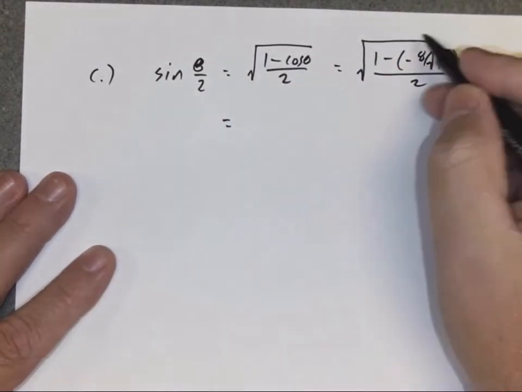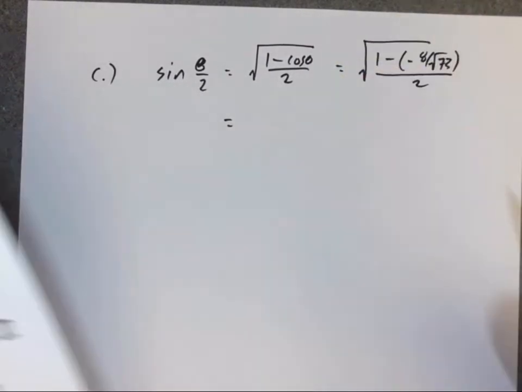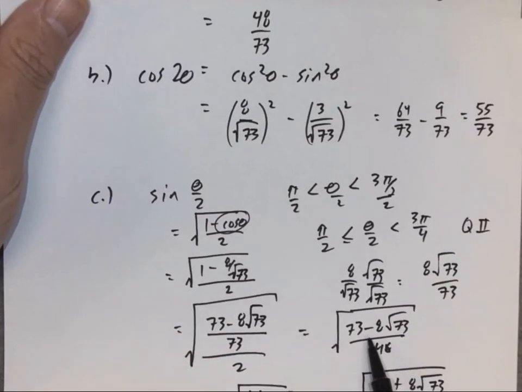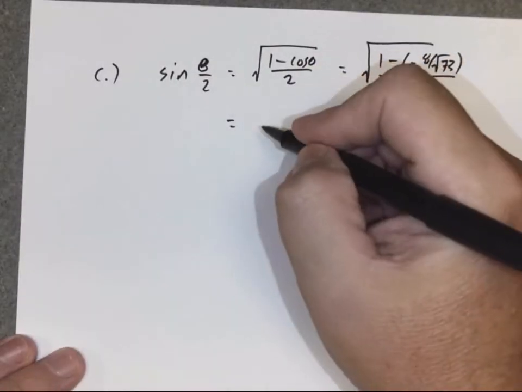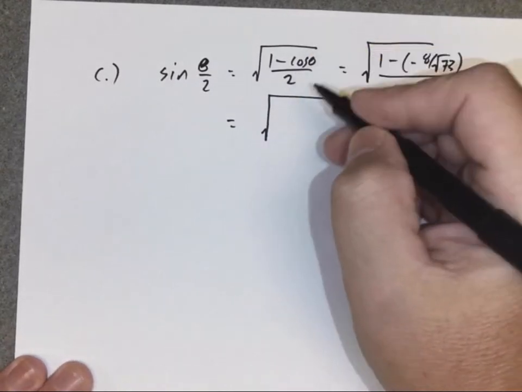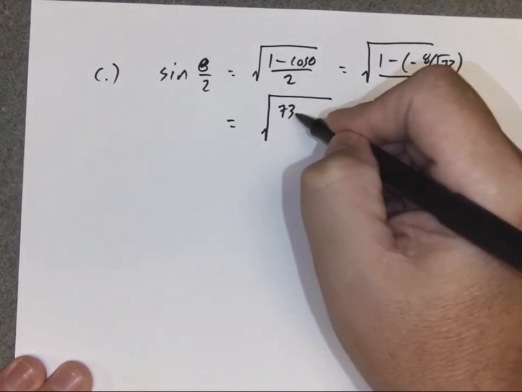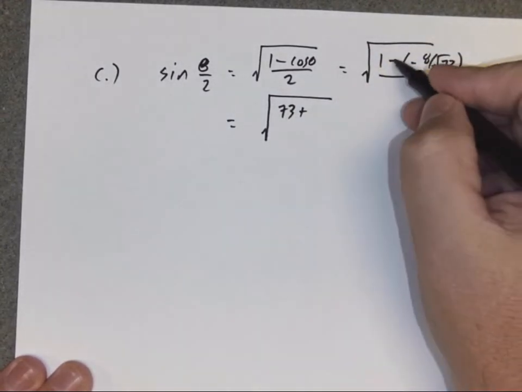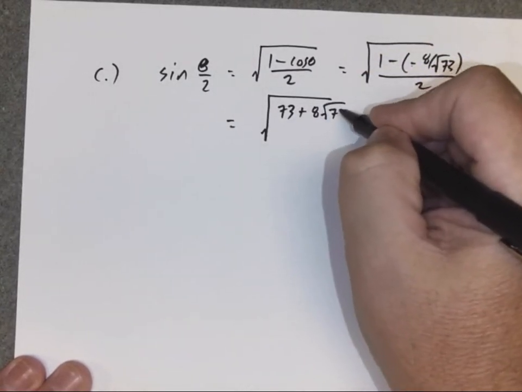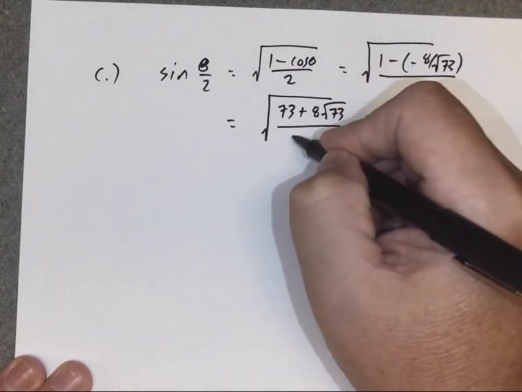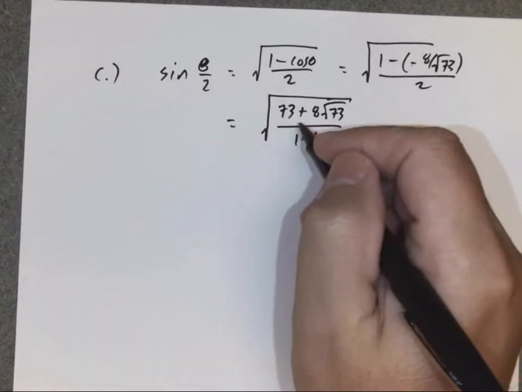So basically, the math is all the same, except now, when it's all said and done, instead of the minus here, that should have been a plus. So if I'd done the math correctly, I would end up with 73 plus, because you subtract a negative, it's plus, plus 8 square root of 73 over 146. Very messy, but now that is correct.